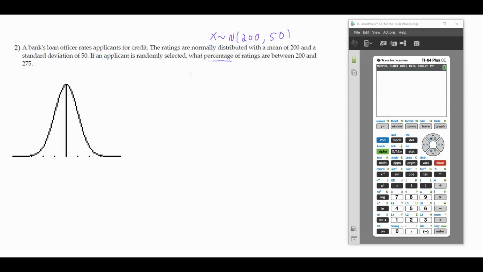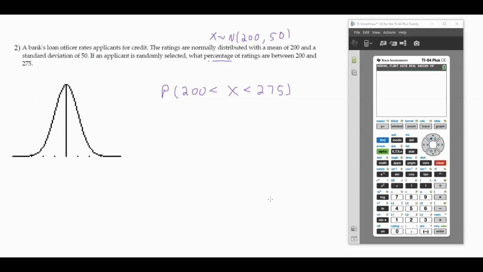Now, it's asking for a percentage, and it's an applicant, so it's just X. So I have a single observation, and I want to know what's the probability that in the stated distribution here it's between 200 and 275.